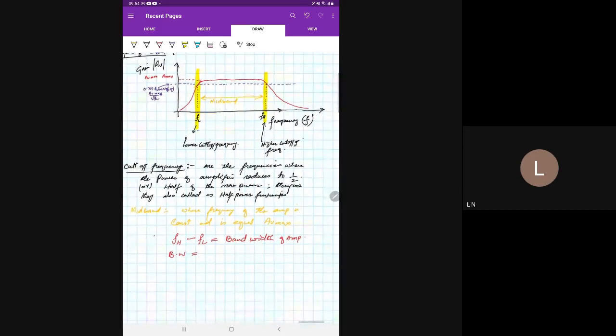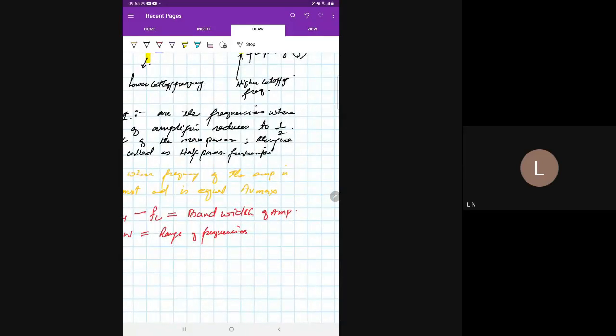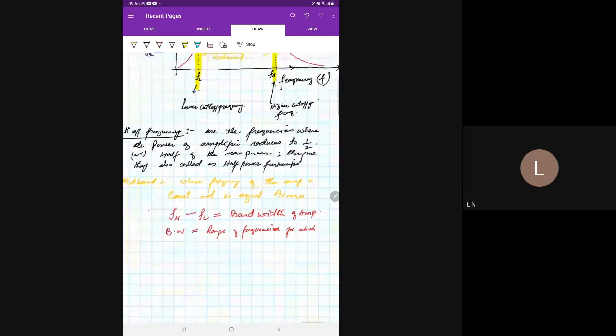So bandwidth is the range of frequencies for which an amplifier will offer a constant gain, which is equal to A max, the maximum gain.